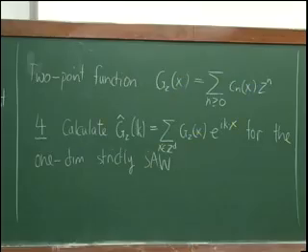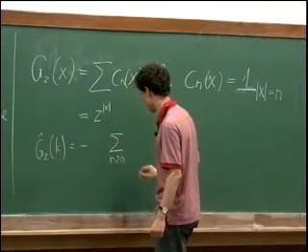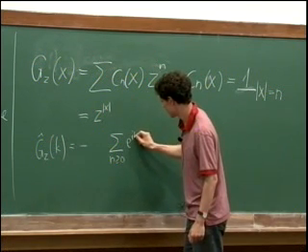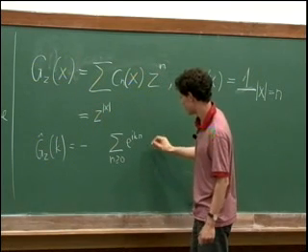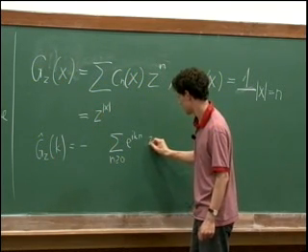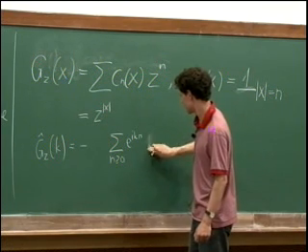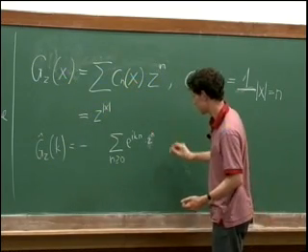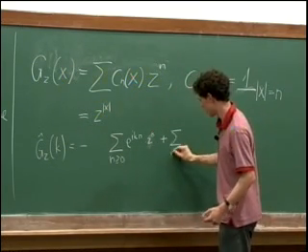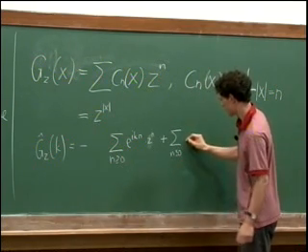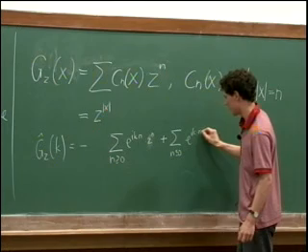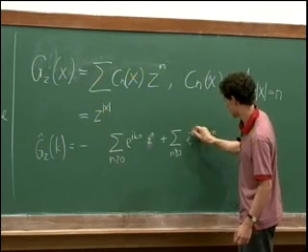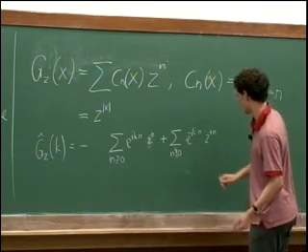So what we obtain is the sum over all n greater or equal than 0 of e to the i k n times z to the n, plus the sum over all negative integers of e to the i k n z to the minus n, and we can rewrite this as the sum over all non-negative integers as follows.